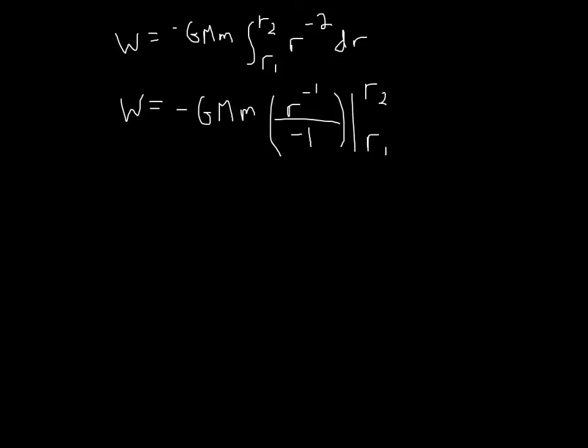So here my two negatives are going to cancel each other out, and I'm going to find that my work is equal to G m over r2 minus G m over r1.